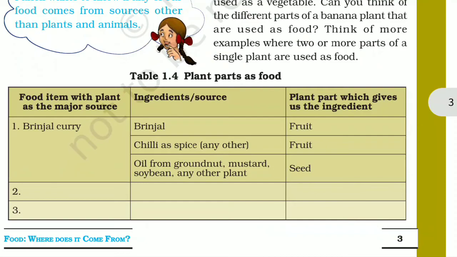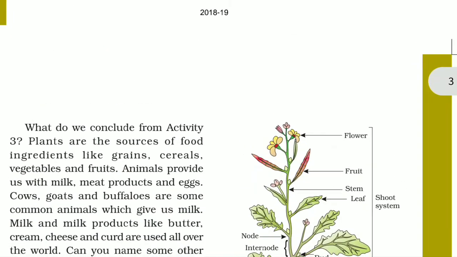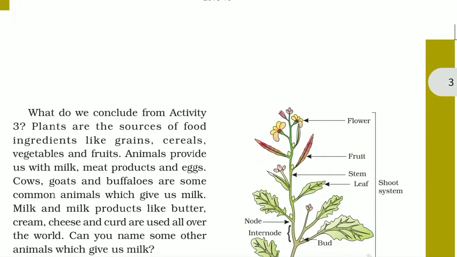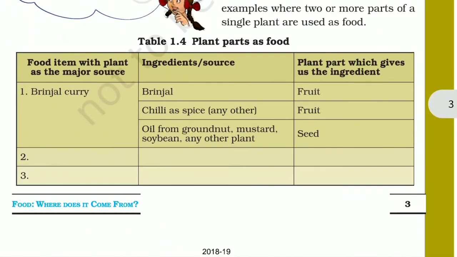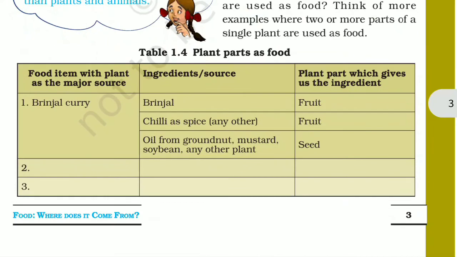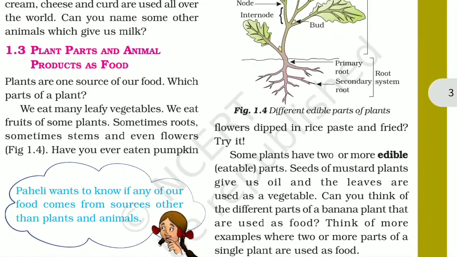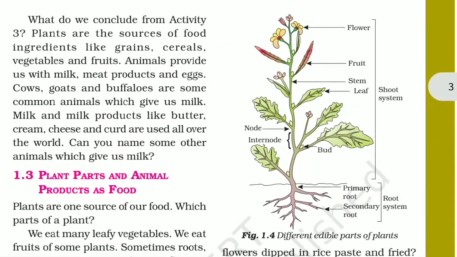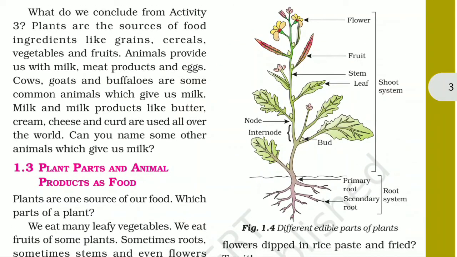So chili is located here, right? Fruit, right? So it is a fruit. Oil from groundnut, mustard, soybean, and other plants. So this comes from seed. And the flour, if we take the flour and smash it, there are little seeds which we'll see.